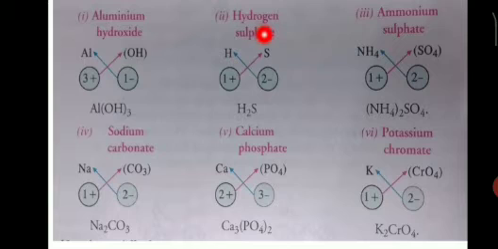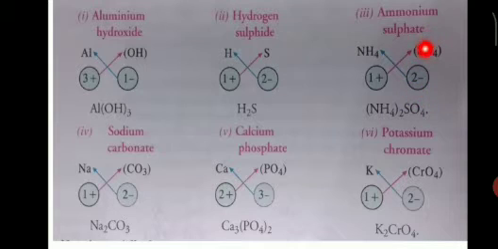Then hydrogen sulfide, already we have done, H2S. Ammonium sulfate, look here, both the ions are polyatomic. Ammonium NH4 plus, sulfate, it is ATE. So what is the valency? SO4 2 minus.